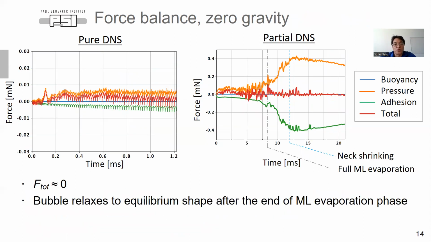This is the force balance for the zero gravity case. The buoyancy force is zero for this case. And the red line, the total force, is again almost zero. And after full micro layer evaporation, at this time, the bubble shape relaxes to the equilibrium shape. That means it approaches a spherical shape in this case.